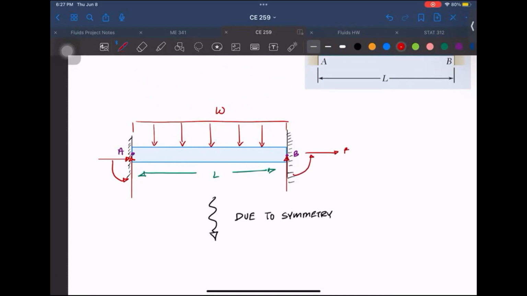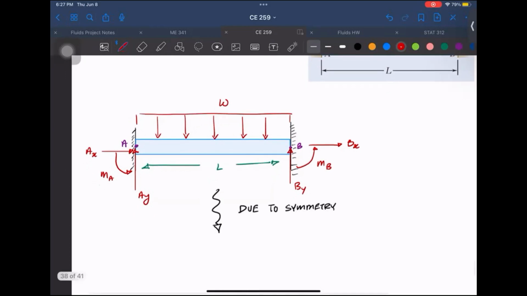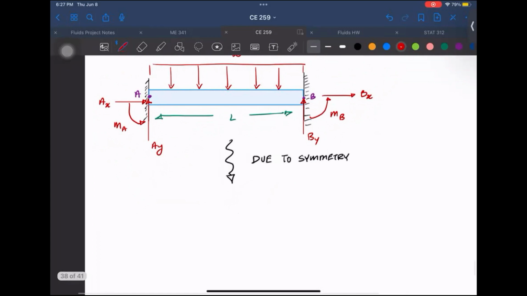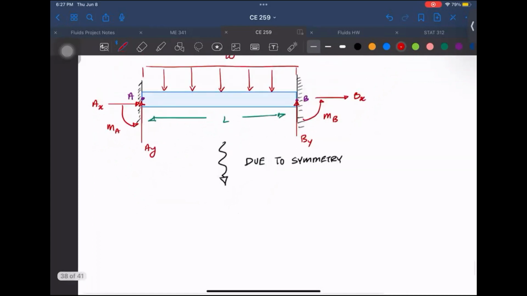So we'll have an AX, an AY, an MA, BX, BY, and MB. But because the bar itself is symmetrical and everything is symmetrical in this problem, there's a few things we can say.